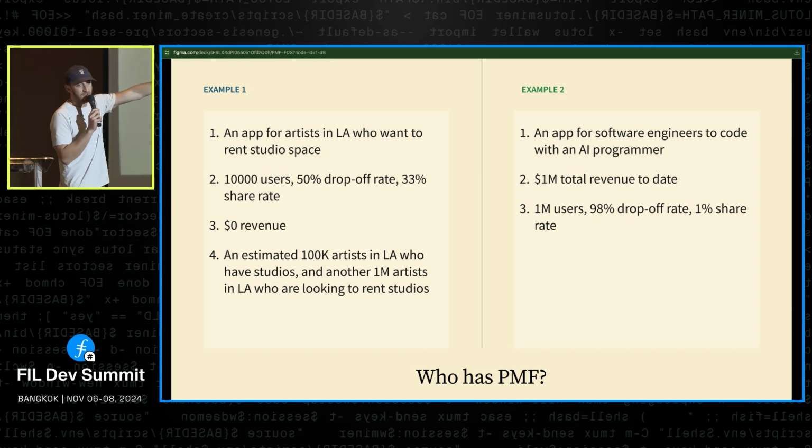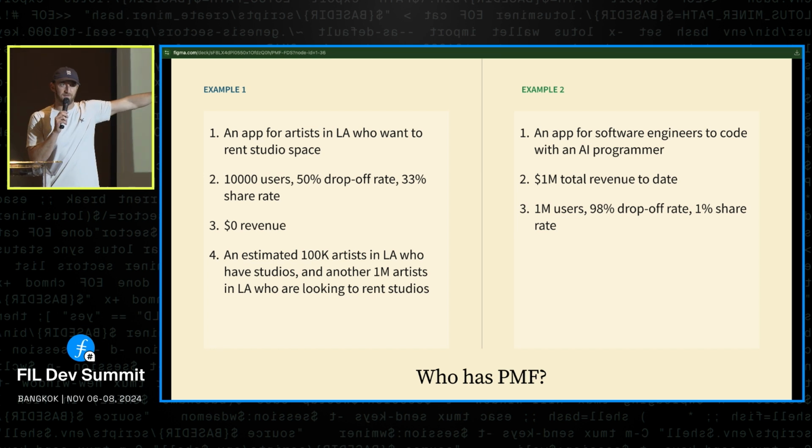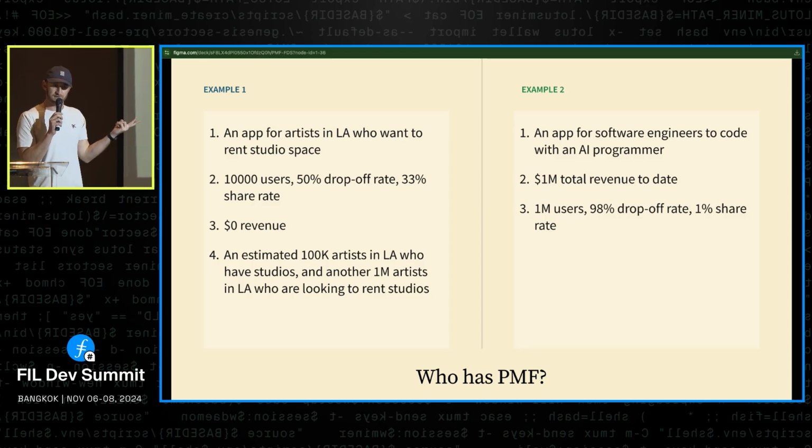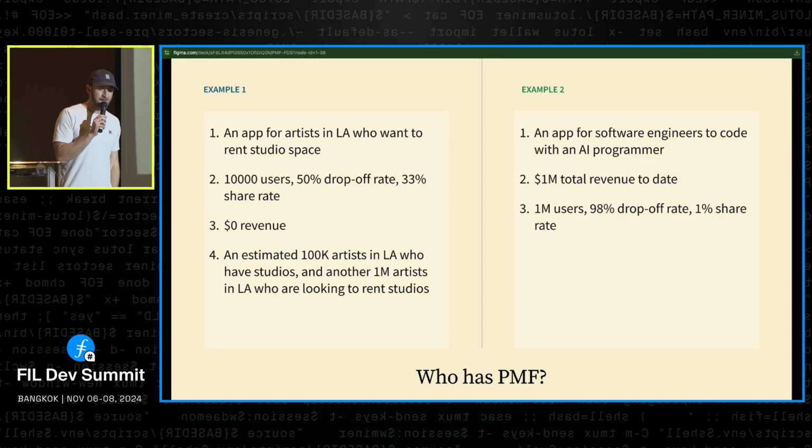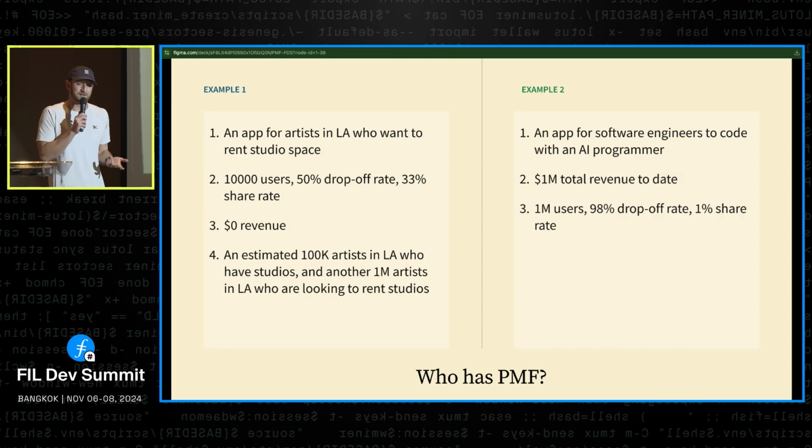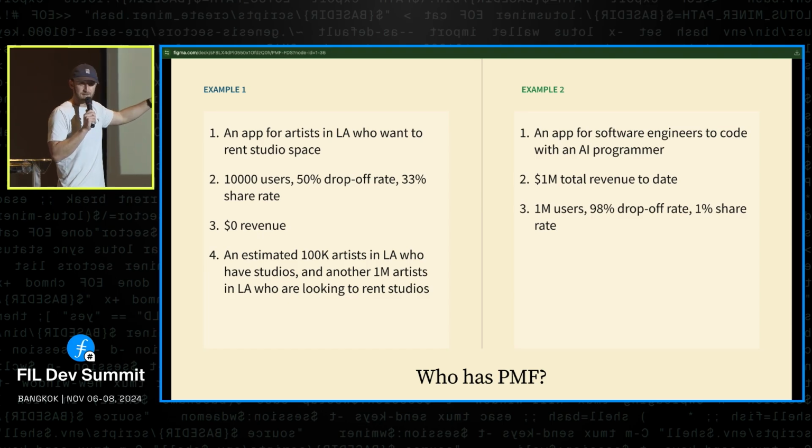Example two on the right is common, I think, also in Silicon Valley, where you get confused because it looks like you have product market fit, but you don't. So we know that for an app like Copilot for helping programmers build their programs, there's a big market. There's a lot of money going into that. This app actually even has $1 million in total revenue, which is like, ooh, that's nice.